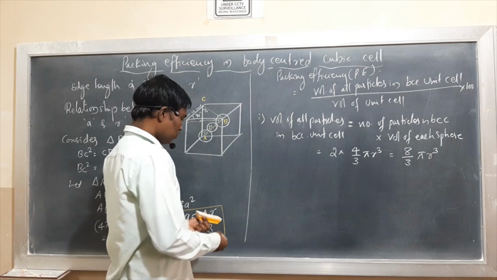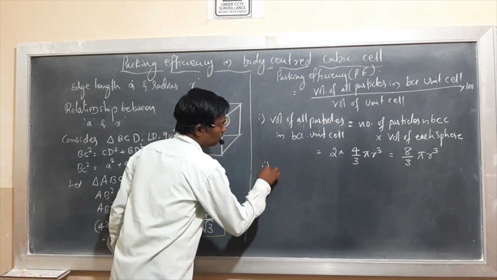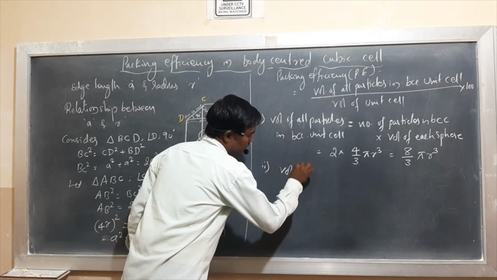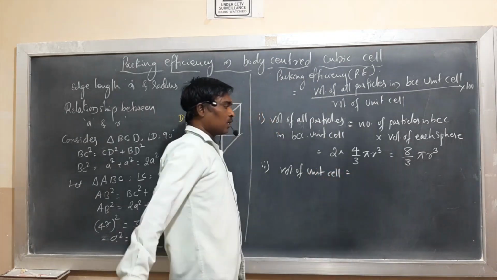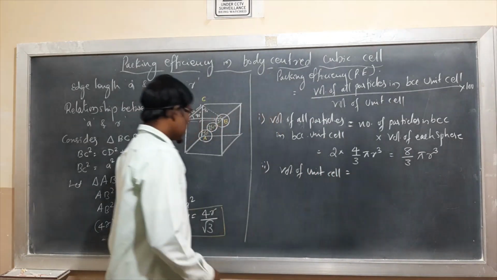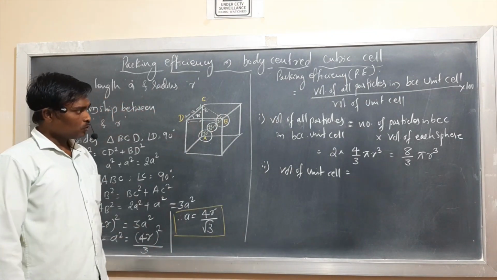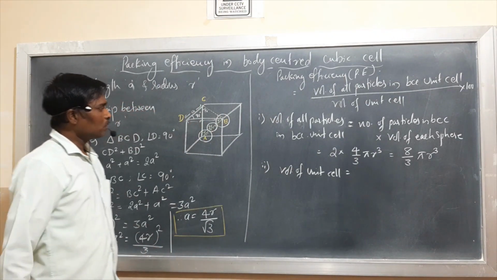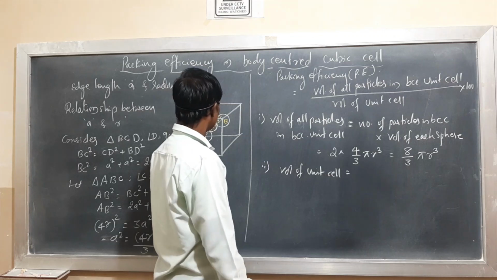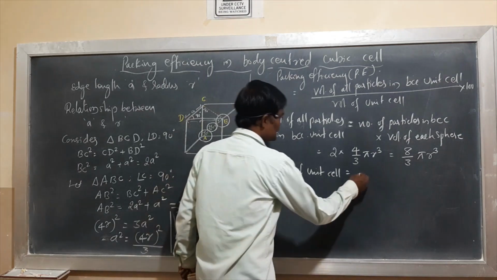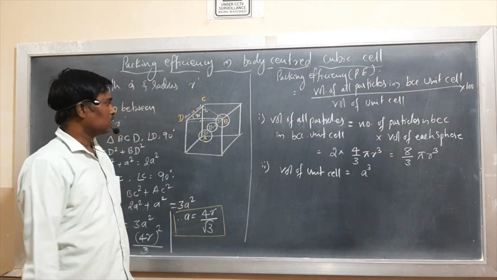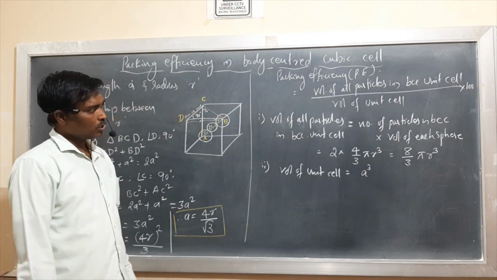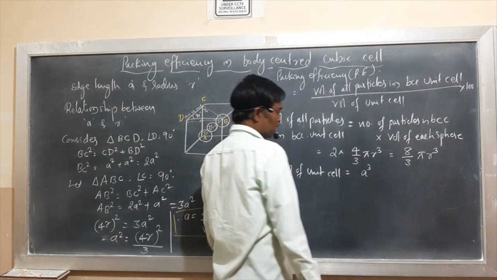And next, friends, the denominator term here is the volume of the unit cell. The unit cell is a cube, so we know the volume of a cube is length into breadth into height. Since they are all defined as a, it is a cube.